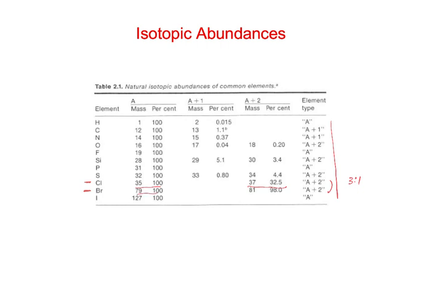Bromine is roughly 1-to-1. Okay, so the other important ones here, carbon is an A+1 because C13 is the next most important isotope. And we talked about how we could use that to determine the number of carbons in whatever ion we're looking at.